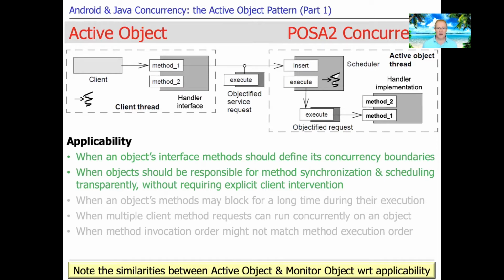But the other characteristics, like blocking for a long time, letting things run in wildly different orders, and allowing multiple client requests simultaneously running concurrently, those are ways in which the monitor object and active object patterns differentiate from each other.